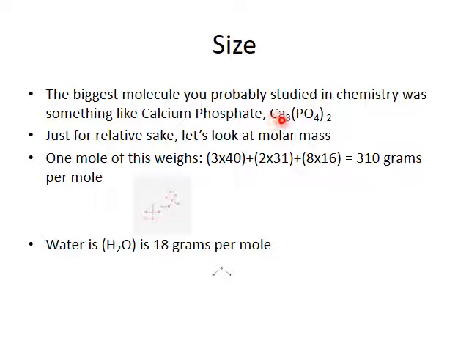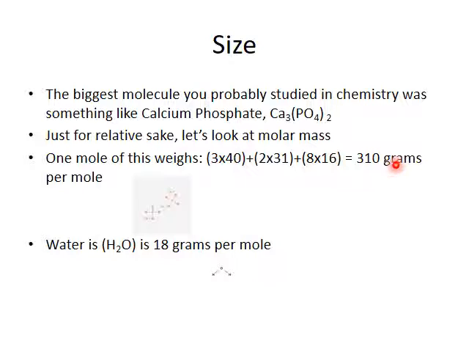So it's 3 calciums and 2 phosphates, and it's a fairly big molecule, right? Now we're going to use the molar mass, and you don't have to figure this out, but this is a way to understand how big this molecule is. So this molecule is 310 grams for its molar mass.